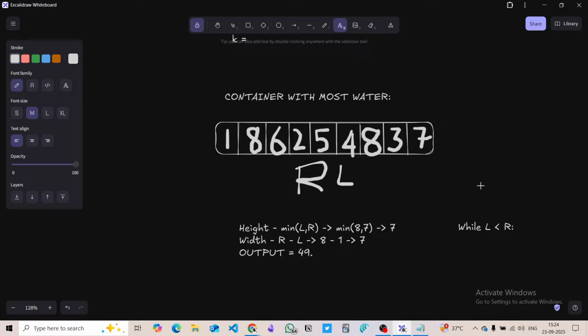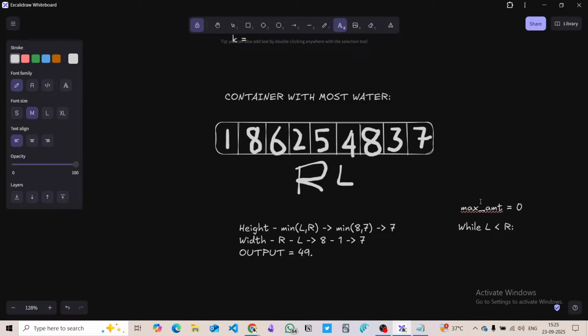So first we need a variable to keep track of our results, right? So maximum, what can be maximum? Maximum amount of water, right?